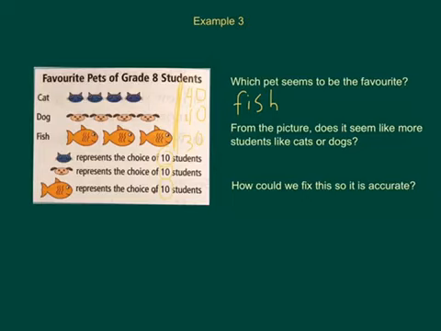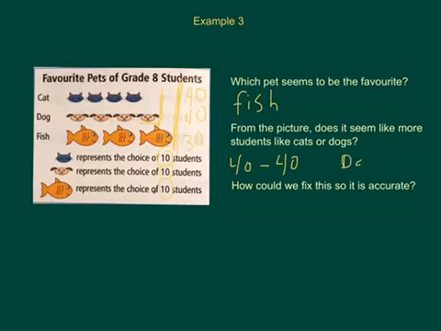From the picture, does it seem that more students like cats or dogs? Again, it looks like there are more dogs than cats. The only difference is the dogs are much wider than the cats, because in reality they're both 40. It's 40 to 40, so they're actually tied, but it appears that way because the dog is farther out.